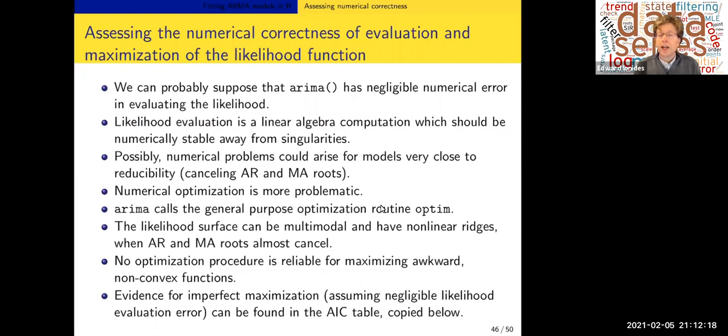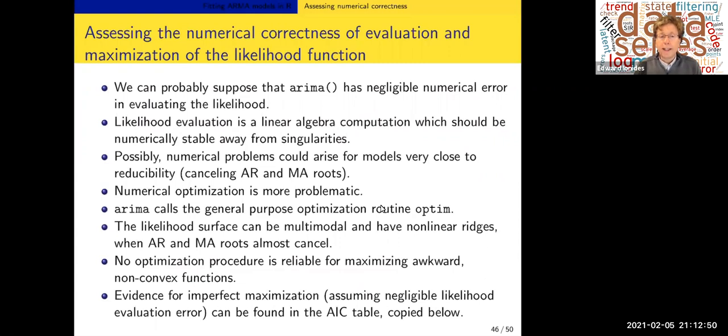Numerical optimization, however, is much more problematic, I think, in this context than evaluation of the likelihood. So how does the numerical optimization happen? Remember, we haven't even talked about exactly how the likelihood is calculated yet, and we're just leaving this ARMA function to do all the likelihood calculation and maximization without knowing the details of how it does it.